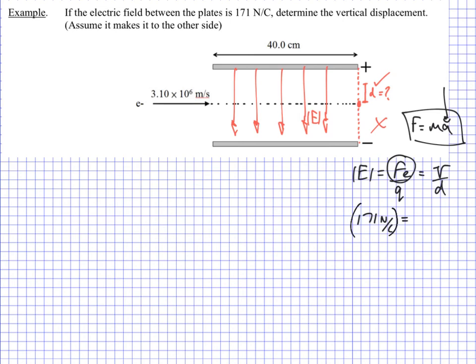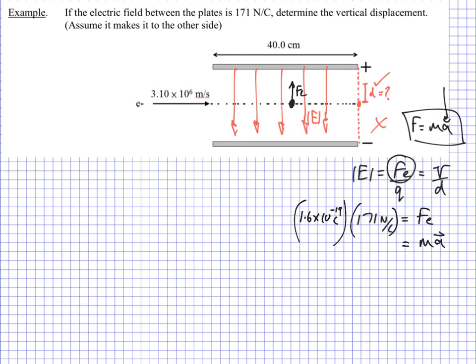If I multiply my electric field by the charge, which is going to be one elementary charge, 1.6 times 10 to the negative 19 coulombs, I'm going to get the force this electron experiences. In other words, if that was the electron there, it's going to experience this force. And I know that force is equal to mass times acceleration.